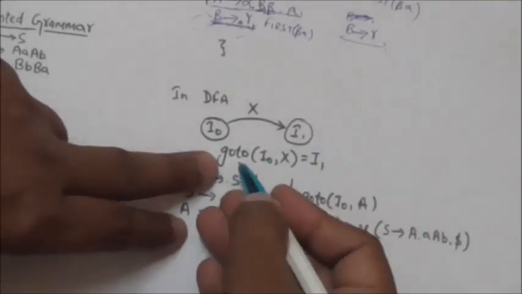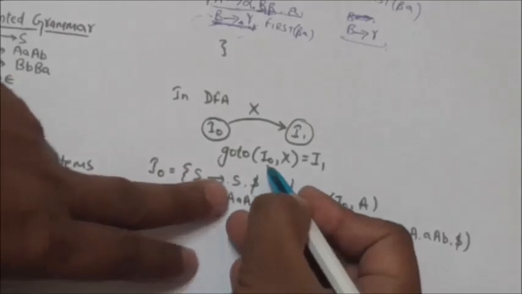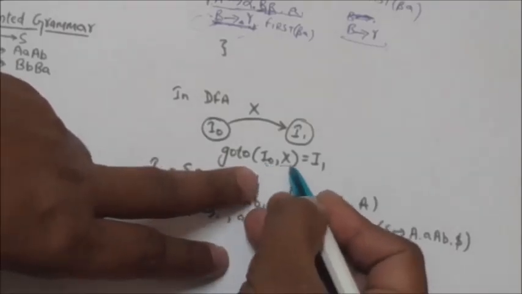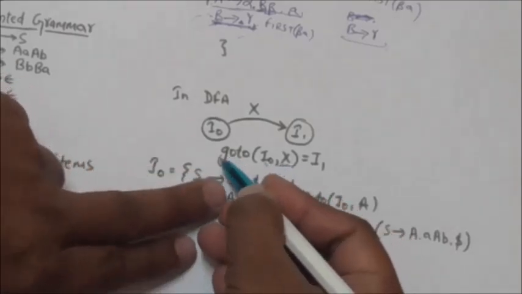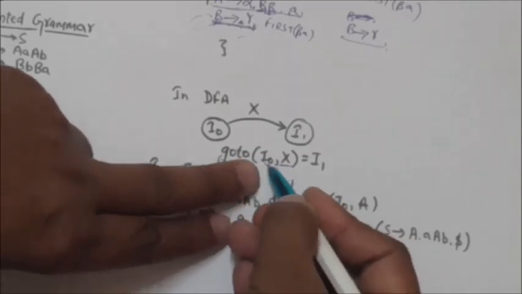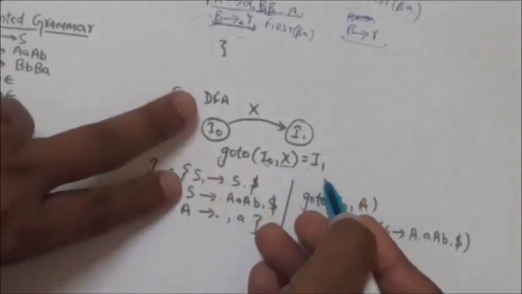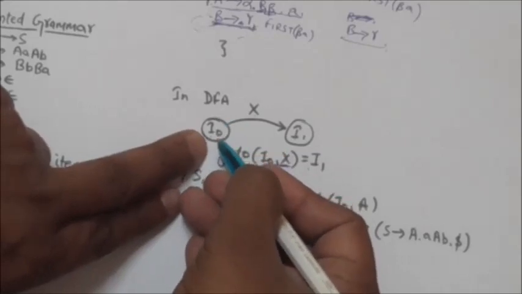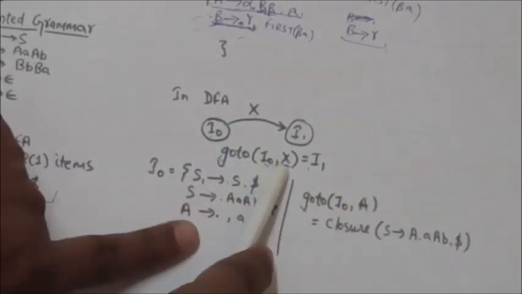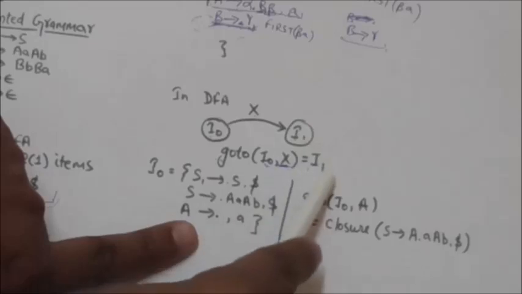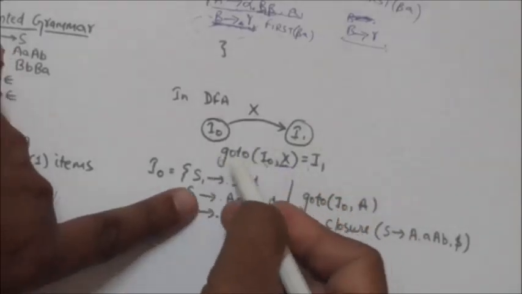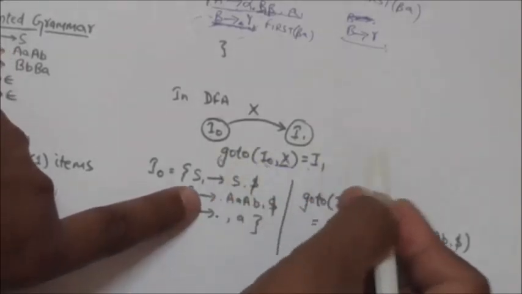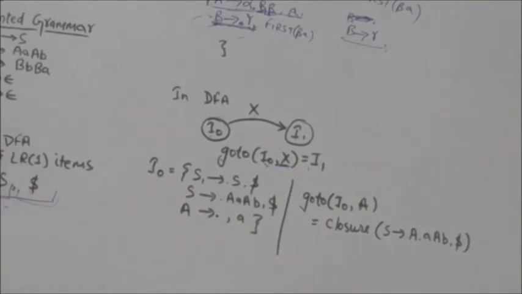Suppose there is some state of DFA, that is I0, and there is some symbol X. If the output of this function Goto I0 X is I1, then it means when the DFA is in state I0 and it reads the symbol X, then it will jump to state I1, right? If Goto I0 X is equal to I1. So what happens, this Goto function specifies the transitions in DFA. Now how do we evaluate this Goto function?